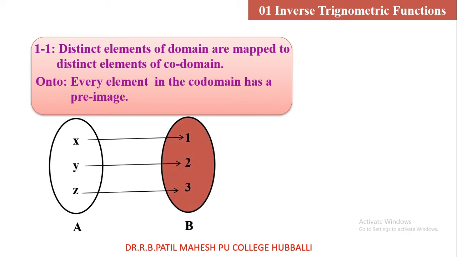Now let us check: 1, 2, 3 are the elements in the codomain. Are they having pre-images? Definitely they have pre-images. 1 has x, 2 has y, 3 has z as pre-images. The codomain is 1, 2, 3, and the range is also the set 1, 2, 3, hence range is equal to codomain. This function is an onto function.